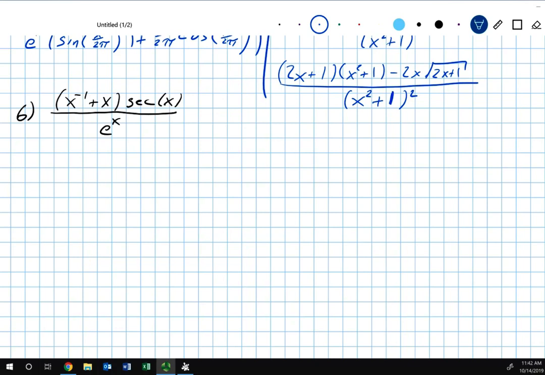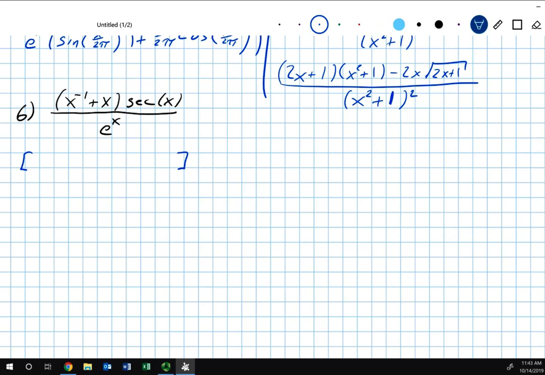So if I take the derivative of the top, it is going to be a lot of work for us. I might even need more room. So let's just focus on the derivative of the top for a second.